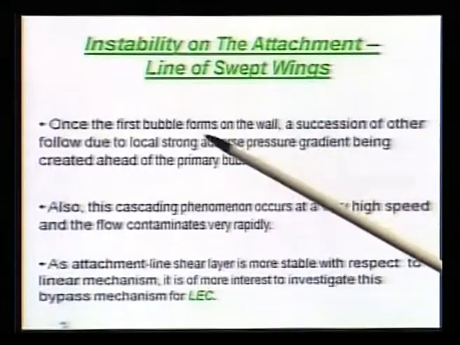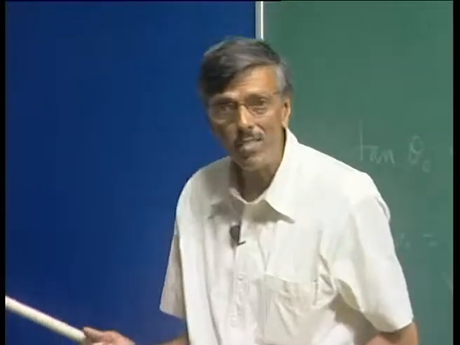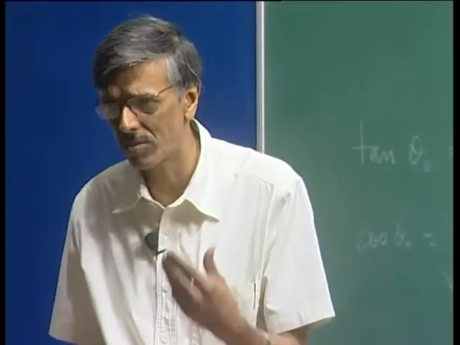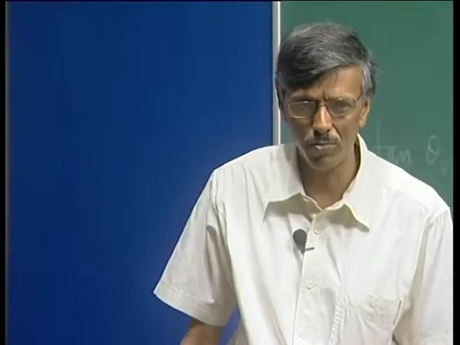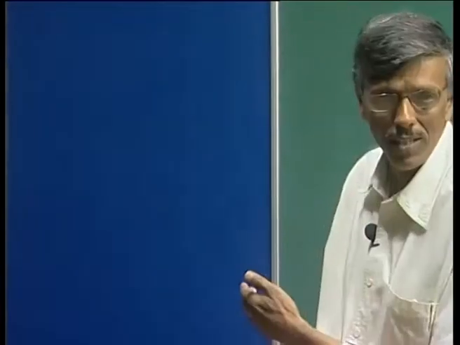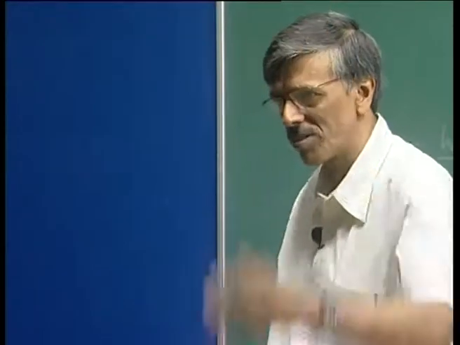That is what you do see, an intensification or cascading effect of this adverse pressure gradient. And this cascading phenomenon occurs at a phenomenally high speed. And that's why the contamination just simply sweeps across.